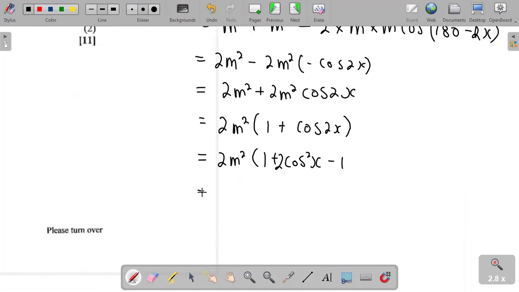So it's going to be equal to 2M squared multiplied by 2 cos squared x. So it's going to be 4M squared cos squared x.